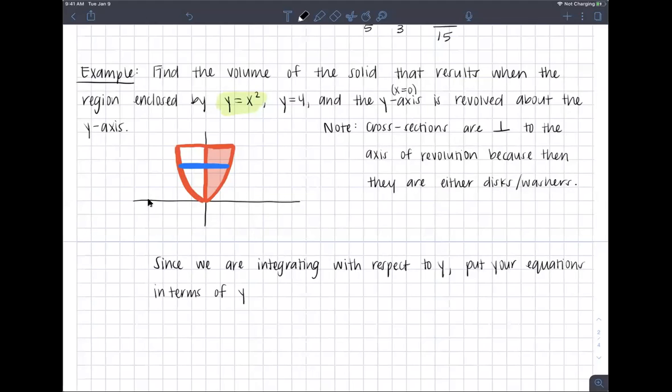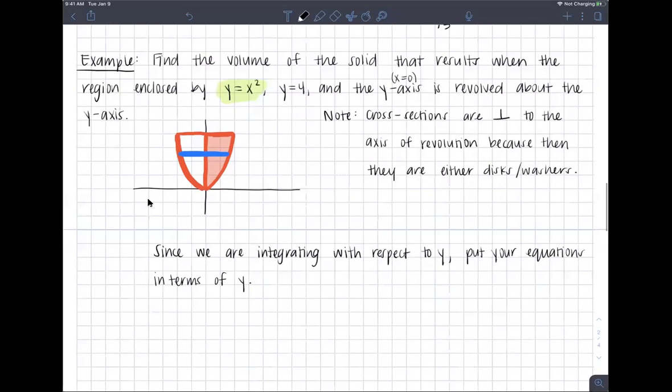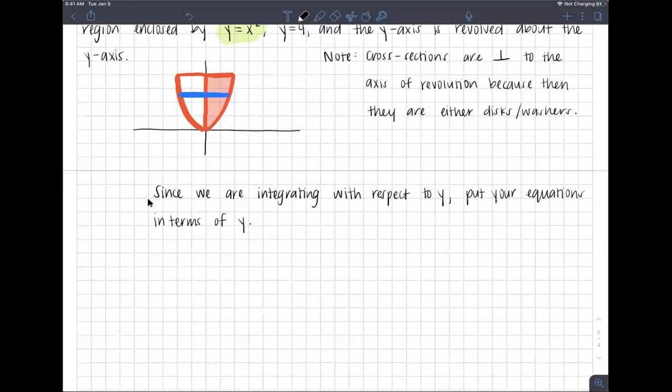Is it in terms of y or x? You want to get x equals y, so yeah, it's going to be in terms of y. And so here you're going to have that x is equal to the square root of y. And then that's really the only thing that we need, right? Because this here is the radius. And so now this is our height, right?